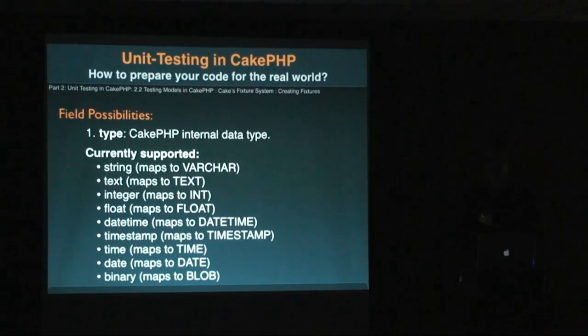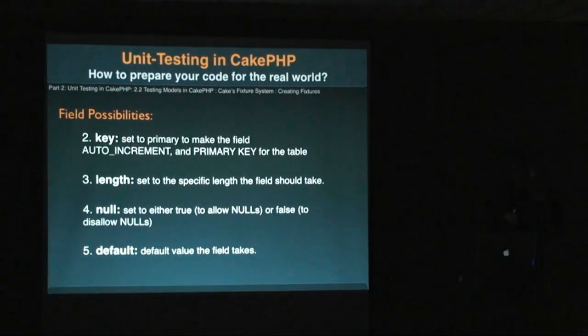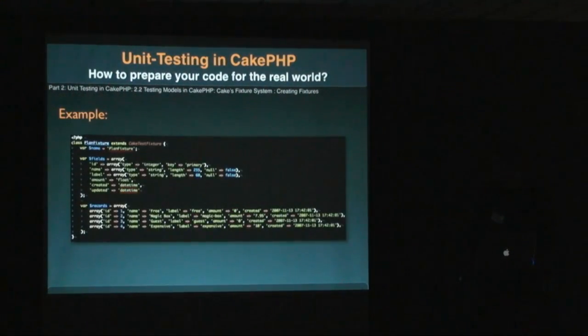So it's a very good setup, I think, pretty easy to use. And you can also specify the other things that I would do in SQL: provide a primary key, provide the length of a data field, provide whether it can be null or not, and set a default value. So here's an example.